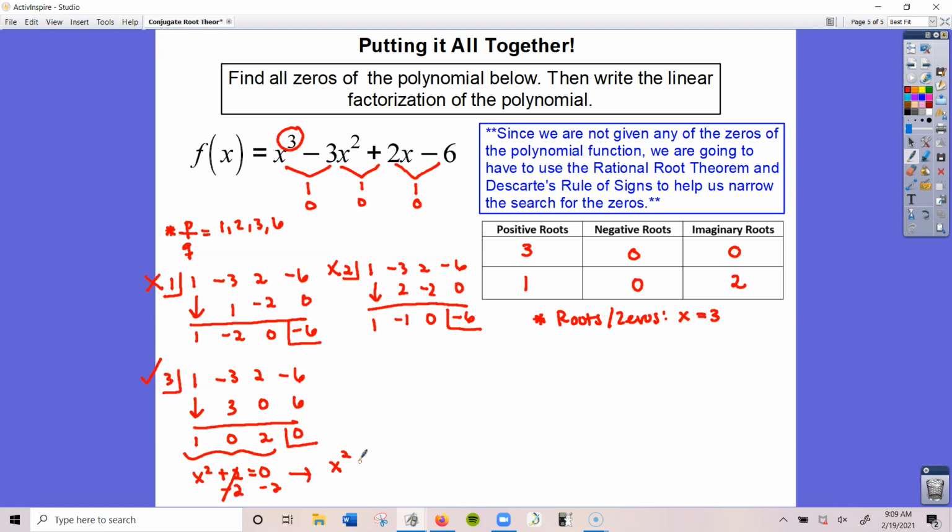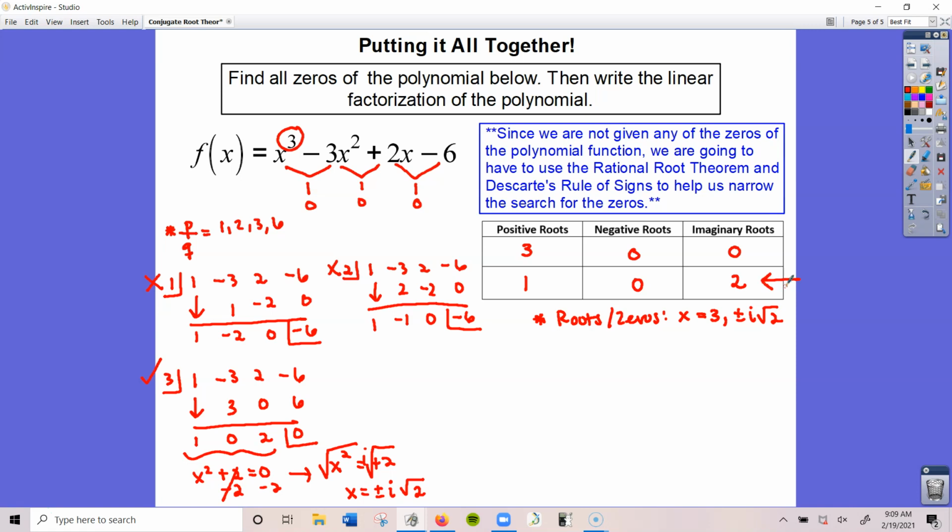We get that x squared is equal to negative 2. And then square root both sides. We get that x is equal to plus or minus. Now there's a negative inside of the square root. So I make it positive and take out the i. So plus or minus i square root of 2. So those are my remaining other zeros, plus or minus i square root 2.